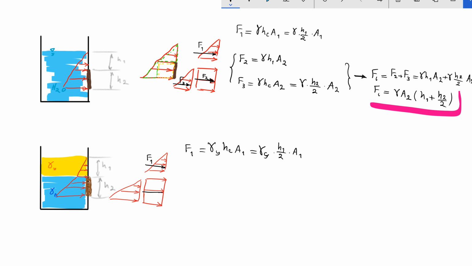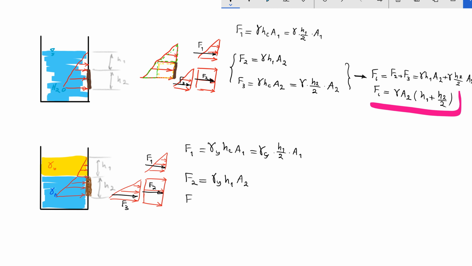This one is going to be named F2, which is going to be at the center, and F2 is uniform pressure, and we know how to deal with uniform pressure, because this uniform pressure is because of the yellow layer of liquid. It is going to be gamma of yellow times height of that yellow times area number 2. So we're done with this one, and number 3 is going to be this one.